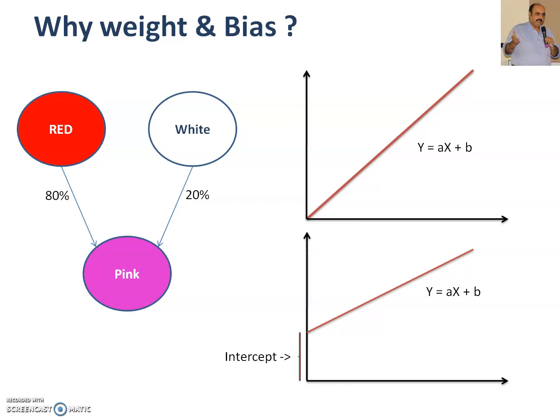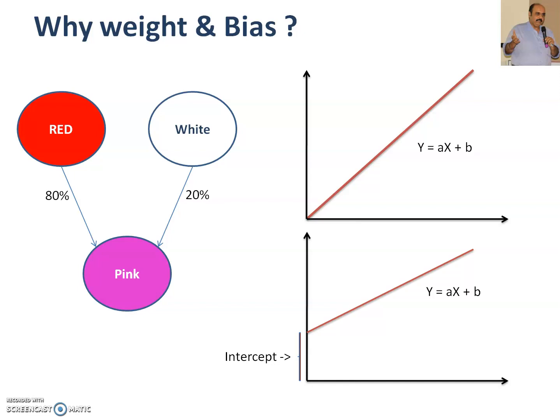When we mix them in the same quantity, we get pink containing red and white with the same weight, which we can express as pink equals red plus white. But suppose impurity also mixes in while we are mixing the colors, then what will happen? We will have a different shade of pink. This impurity we also call the bias or the intercept.